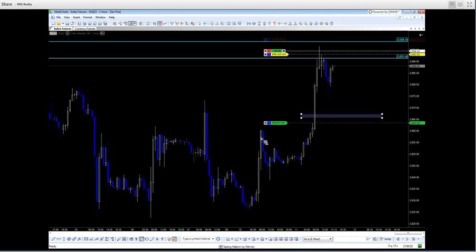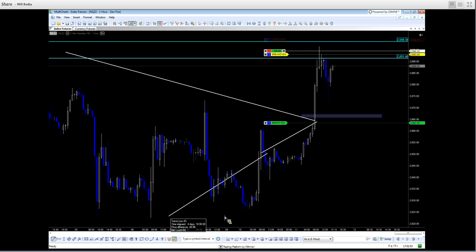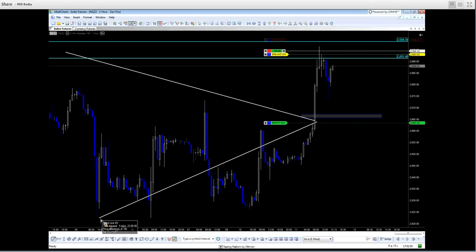We want to look above current price, and we want to look below current price. And then we want to ask ourselves the simple question, have we been there before, right? So for every little pivot point that you find on the chart, ask yourself the simple question, have we ever been there before?